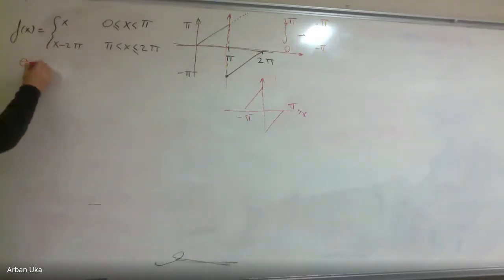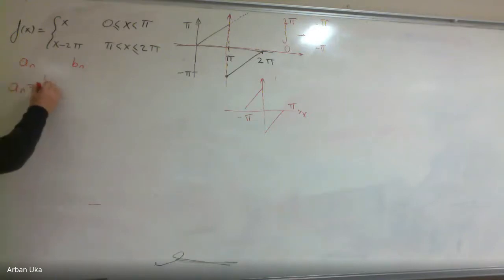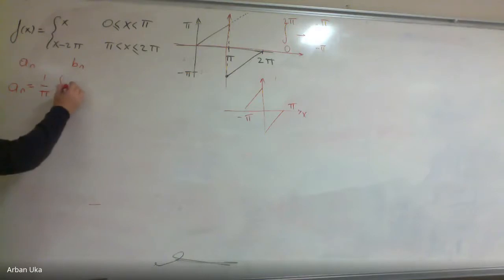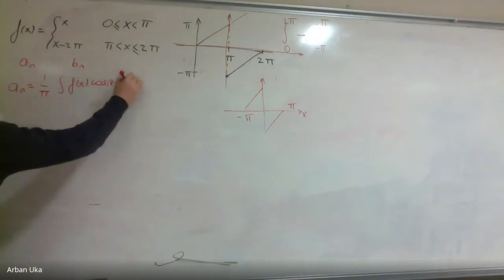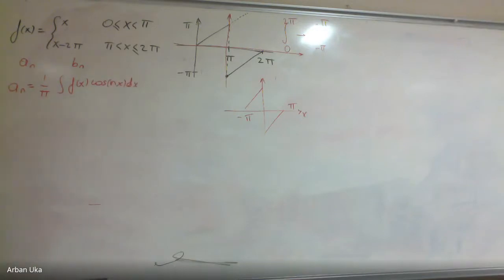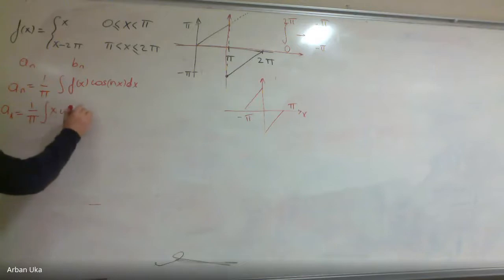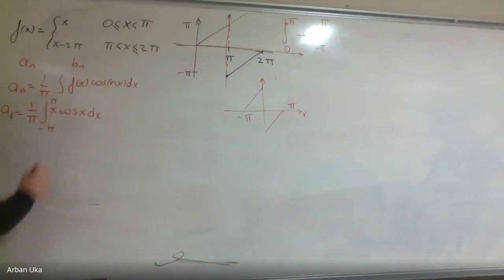And the an, we just erased it a while ago. an was equal to 1 over pi times the integral of f of x cosine nx dx. Okay, this was this function. For a1, this would be 1 over pi times the integral of x cosine x dx, and the integral is from minus pi to pi.